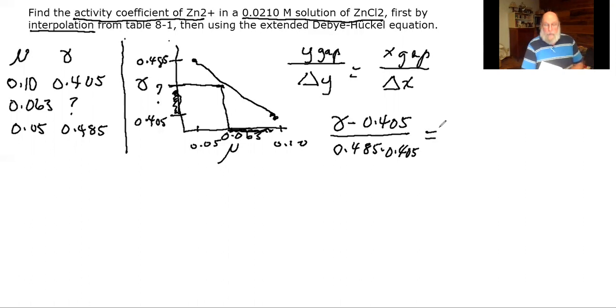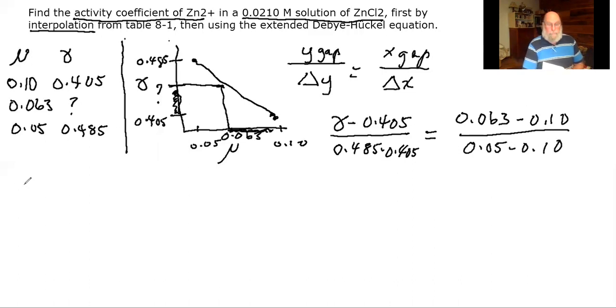And that's going to be equal to the delta X, 0.063 minus 0.10, and that's over the 0.05 minus 0.10.